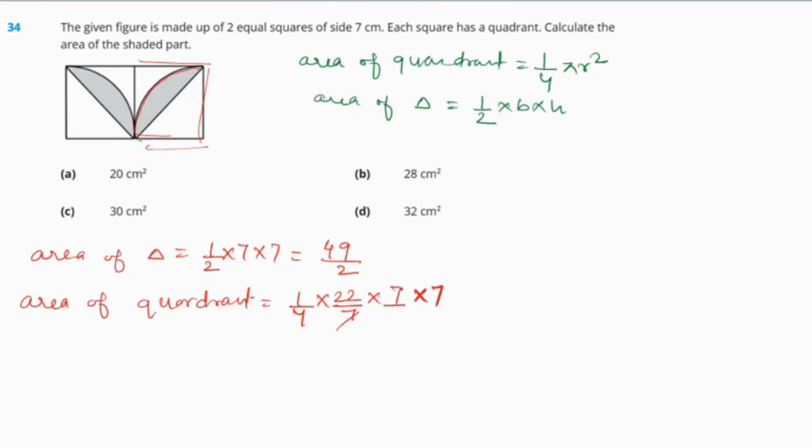So 7 got cancelled out. The value we are going to get is 22 times 7, which gives us 154 by 4. So that will be equal to the area of the shaded part.